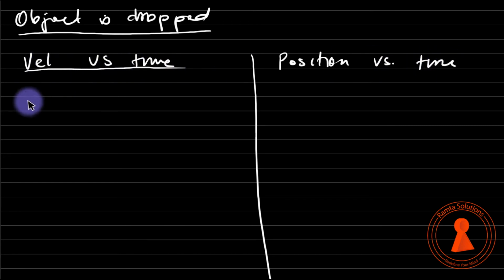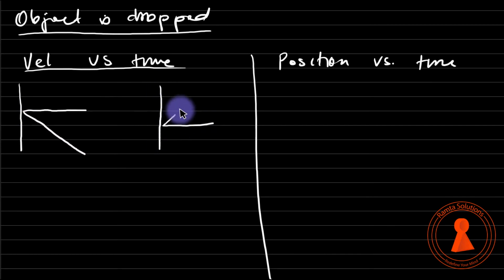So when an object is dropped, we had a graph like this, and we also had a graph like this, right? Velocity. Do you guys remember? Our graph was like that. This was when upwards was positive.